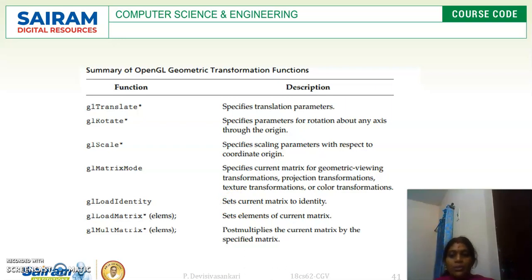Okay, and next are glLoadMatrix and glMultMatrix, which are used to set the elements of the current matrix, and to post-multiply the current matrix with the specified matrix, right? So these are the related geometric transformation functions.